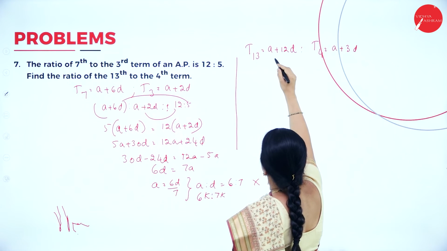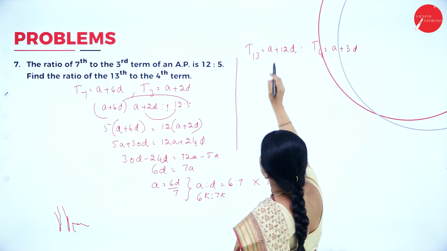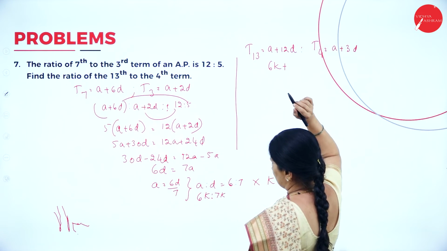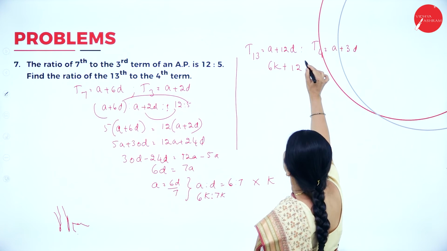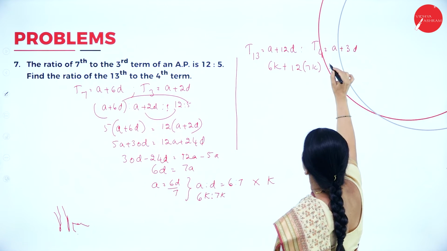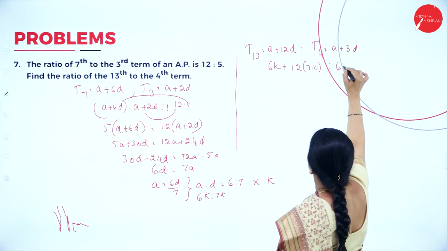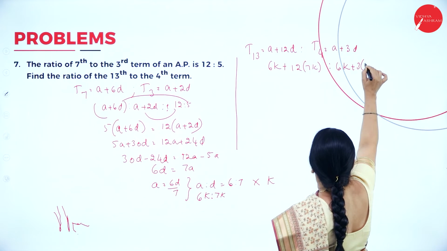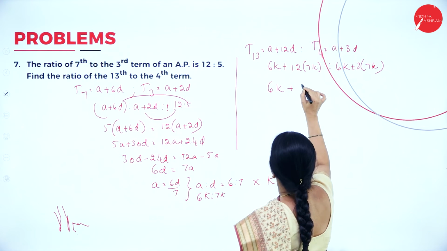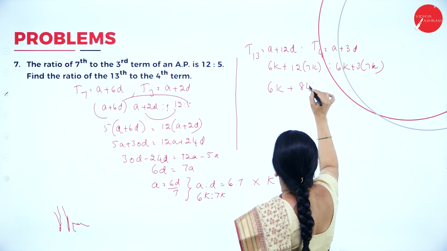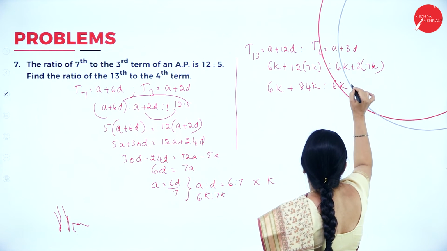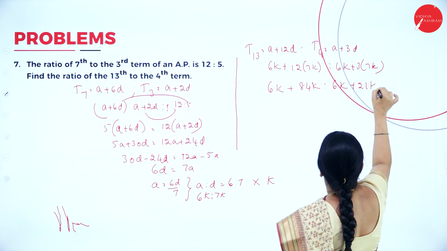So we know the value of A. So instead of A, I'll write 6K plus 12 into 7K, and the ratio is again 6K plus 3 into 7K. Now 6K plus 12 sevens are 84K is to 6K plus 21K.